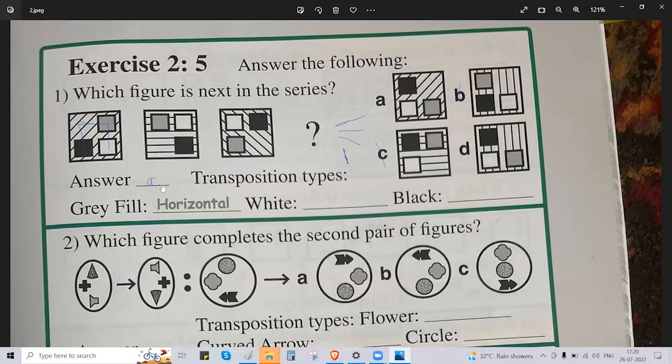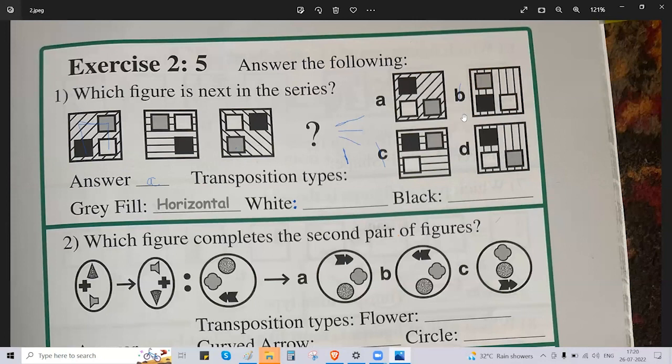Let's wait for the right answer. We are talking about the answer figure. Let's say if you notice the pattern, the gray fill needs to move in which direction? Horizontal or vertical? The gray fill needs to go horizontally. It will go here, right? Yes.